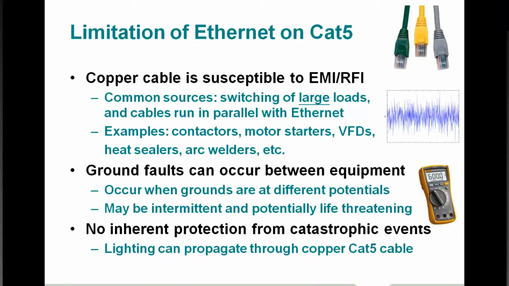If you're in a factory automation or industrial application, you might have variable frequency drives, AC drives, for example. If you're doing any type of heat sealing or arc welding, those are significant sources that can cause problems on your communications. Another thing, and any of you doing industrial control panels probably know this well, is that ground faults can cause problems.